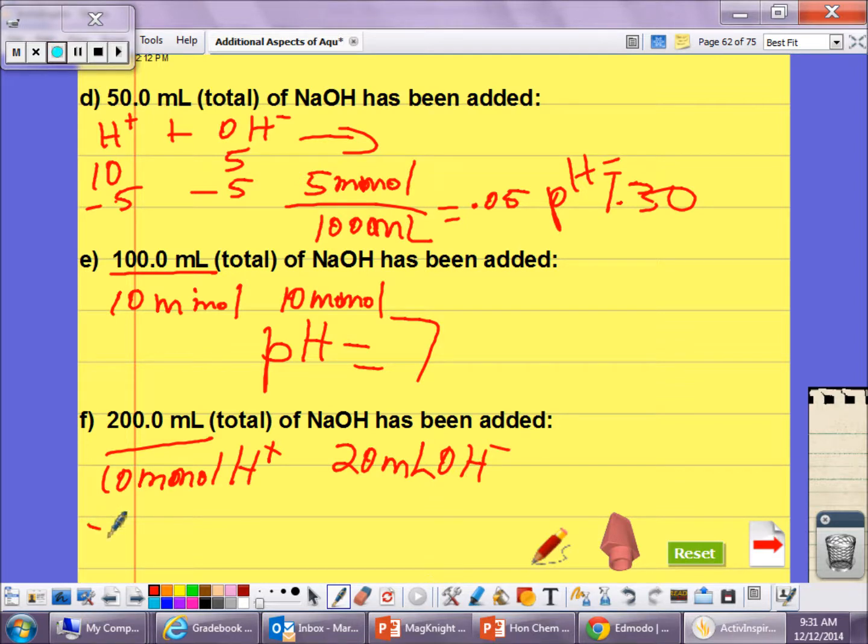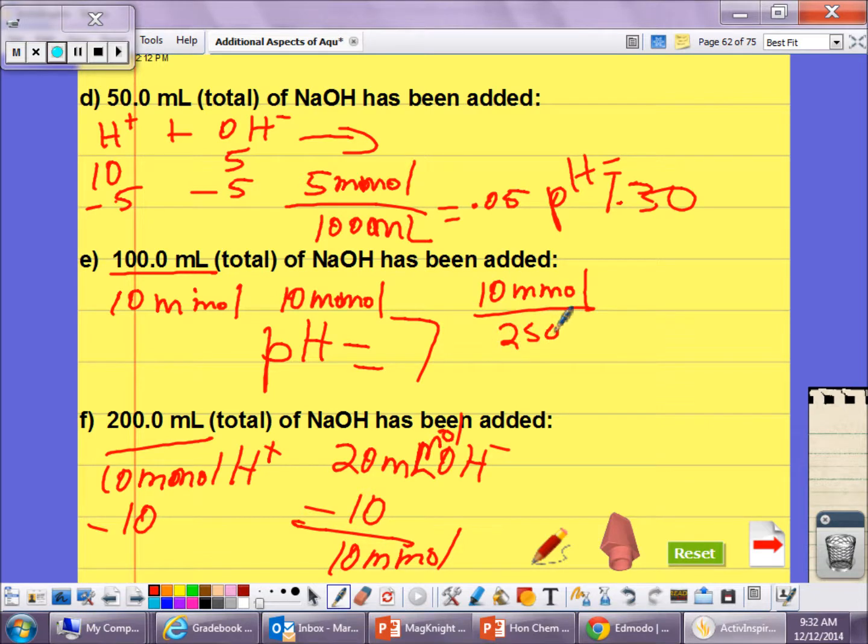The limiting is the acid. Minus 10. I have 10 millimoles of my base. So what is 10 millimoles over the total volume? What total volume do we have now? 250. What is 10 divided by 250 milliliters?